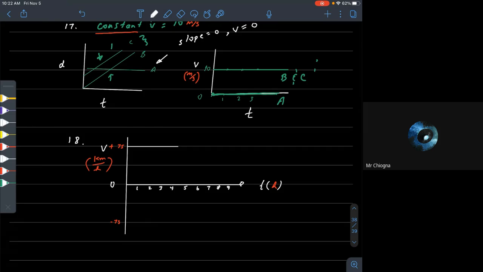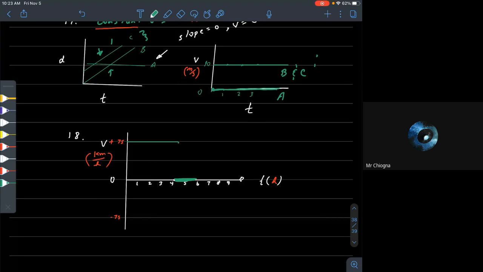Now in between, you're told that you rest between 4 and 6 hours. I'm going to make this green so it's easier to see. In between 4 and 6, you're sitting at 0 because you're at rest. Yes, you're going to slow down, but I'm not worried about that.